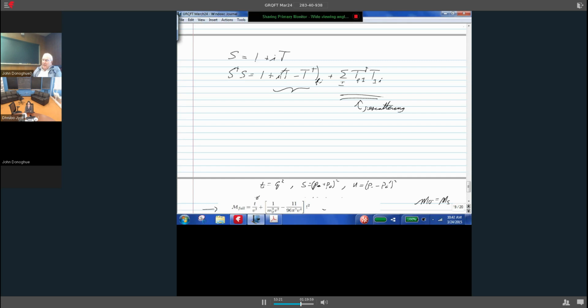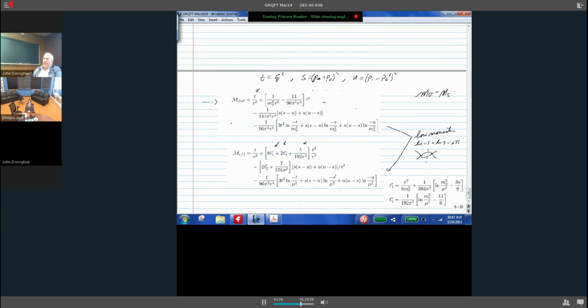Have you seen that before? It's unitarity. Let me do the quickie derivation of this. S is 1 plus IT, T is the scattering amplitude in the T matrix. S dagger S is 1 plus IT minus T dagger plus sum over intermediate states T. So let's put initial, intermediate, final.